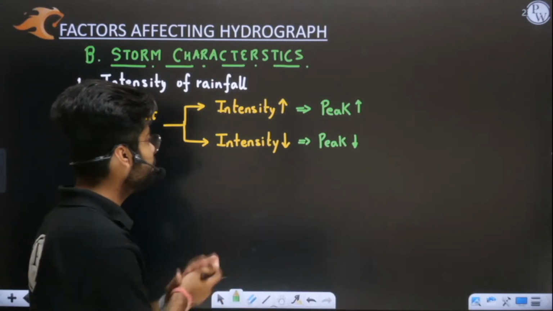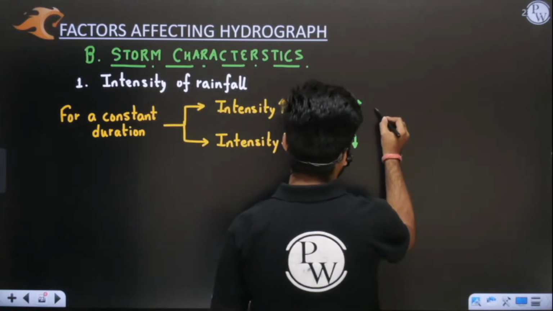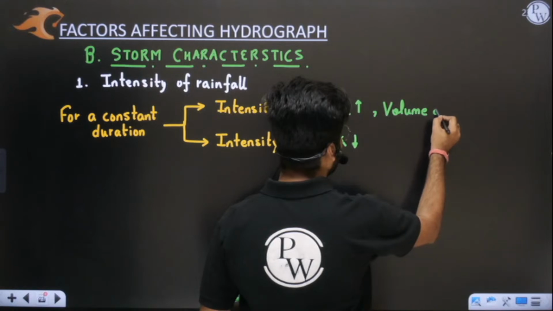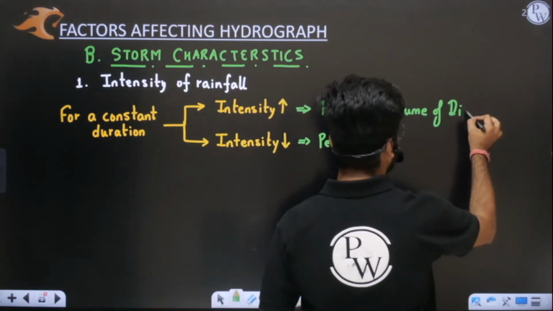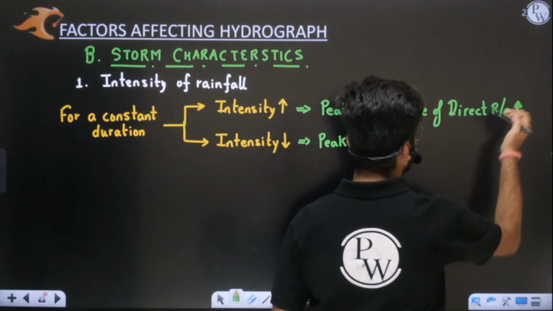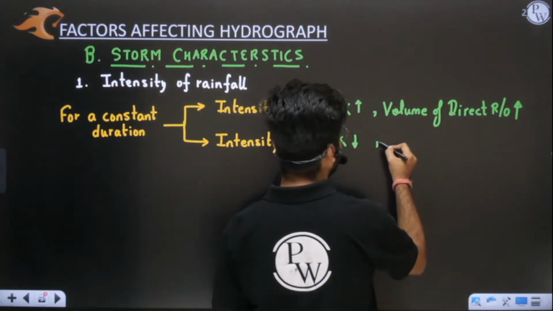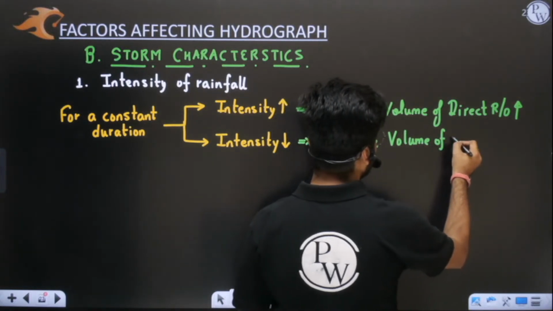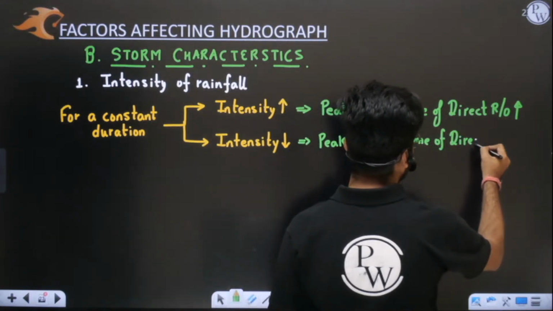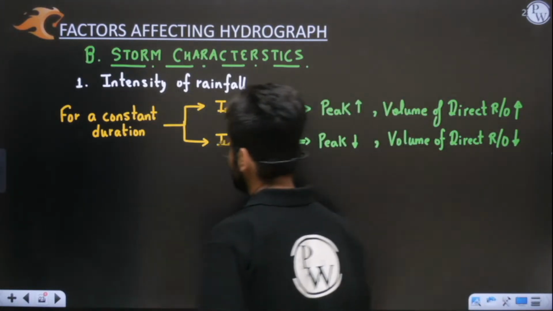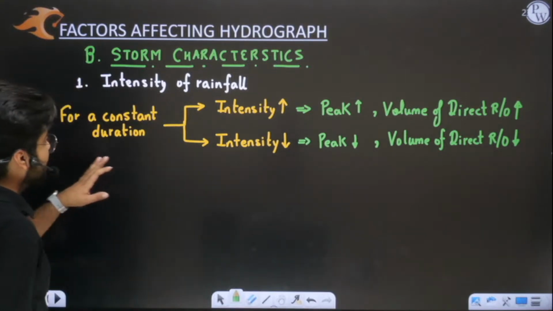So in the first case, the volume of direct runoff will be more, and here the volume of direct runoff will be less.